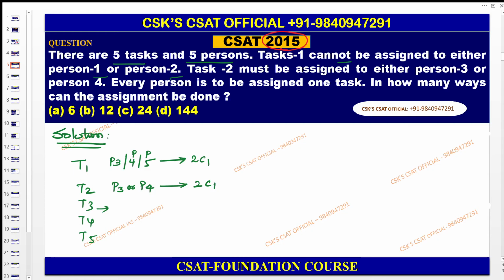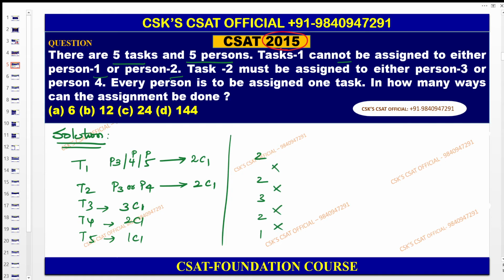Remaining 3 tasks, so 3C1. Then here 2 tasks, 2C1. Here only 1 task, 1C1. So that's it. This kind of thing you can learn here. 2C1 is 2, here also 2, here 3, then here 2, here 1.